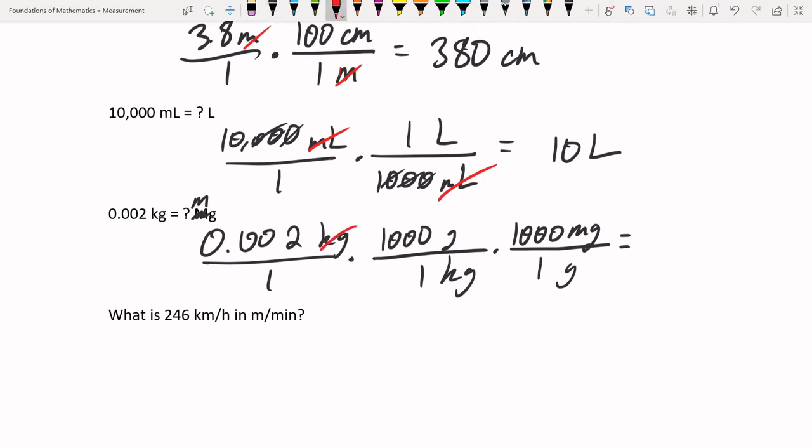Now you see the units cancel nicely, and we get just milligrams. And really all we have here is 1, 2, 3, 1, 2, 3. So we get 1, 2, 3, 4, 5, 6. So we get 2,000 milligrams. You can, of course, just put this in your calculator, and you'll get 2,000 milligrams.